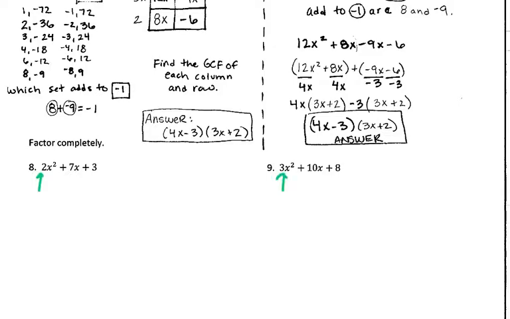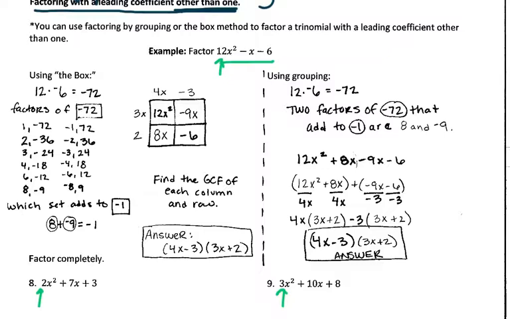So, taking a look at what our process is when it comes to using the box, this is actually a method that I usually present, but then recently found are using grouping, just like we did in our previous lesson.